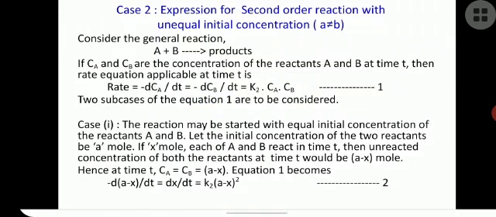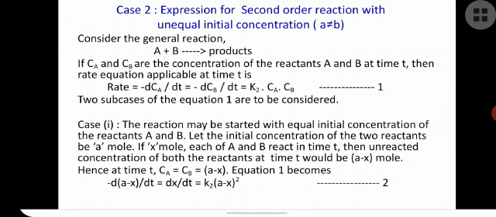Then case second, expression for second order reaction with unequal initial concentration. In this case, the concentration of both the reactants are different, that is A is not equal to B. Consider the general reaction A plus B gives products.